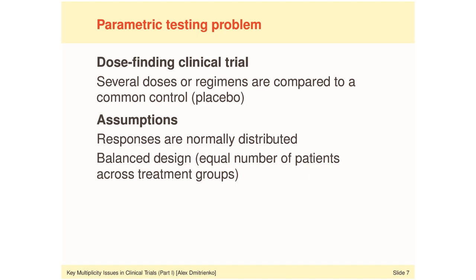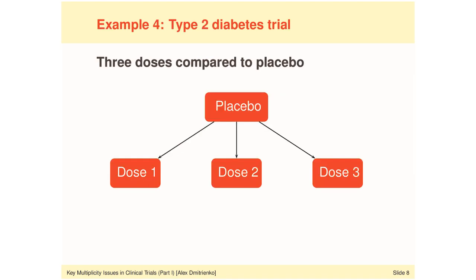Let us assume that the response variable is normally distributed or nearly normally distributed, and we will also assume for simplicity a balanced trial design, which means an equal number of patients across the treatment groups. We have seen the setting multiple times in this course.